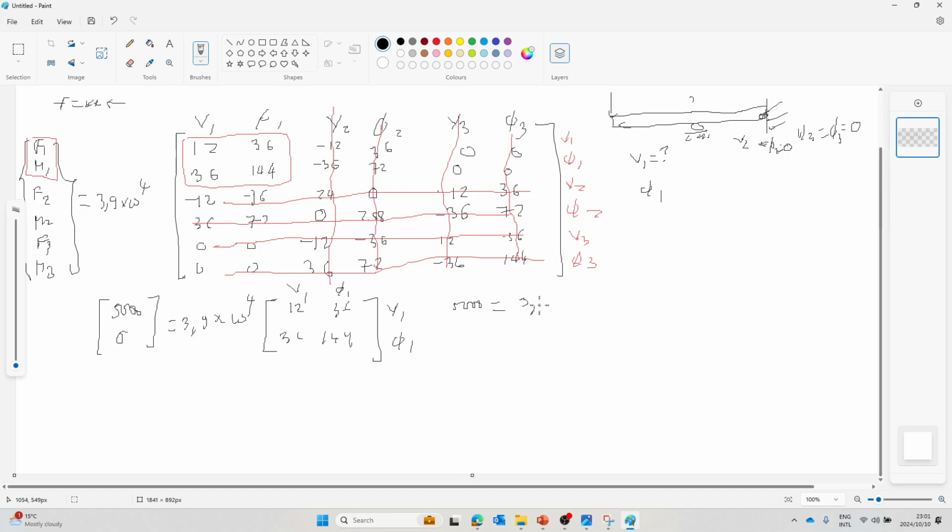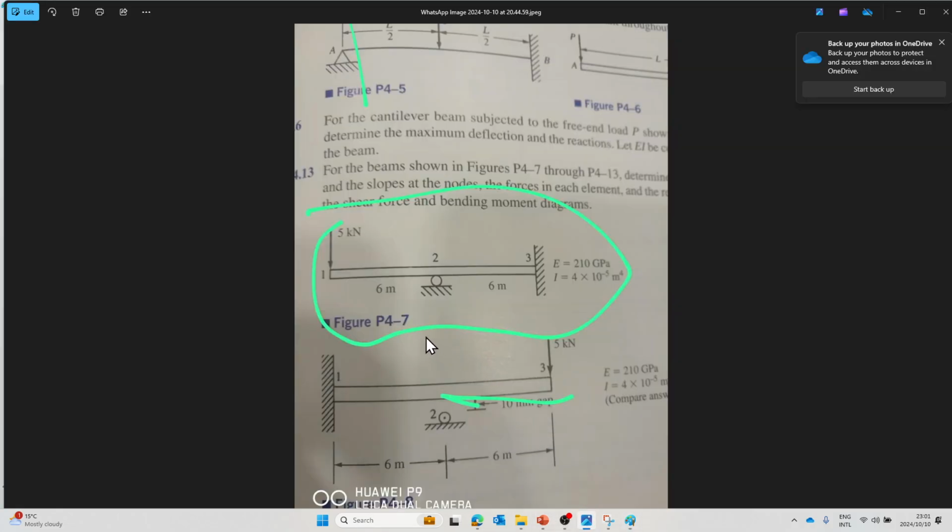Mr. Ice, isn't the 5,000 negative? Thank you, Mr. Koto. The 5,000 is negative. You can see the way the arrow is pointing.